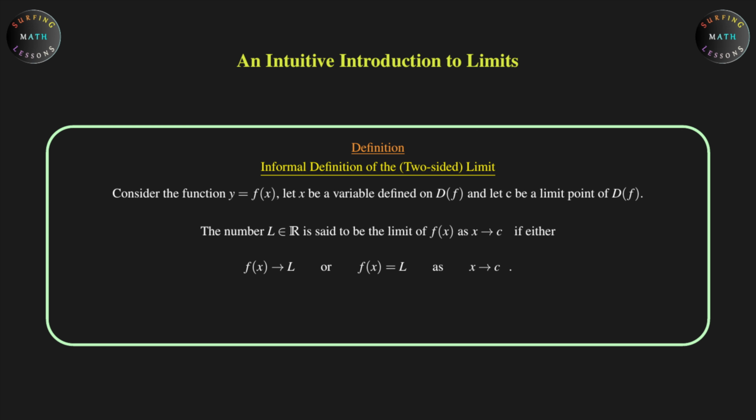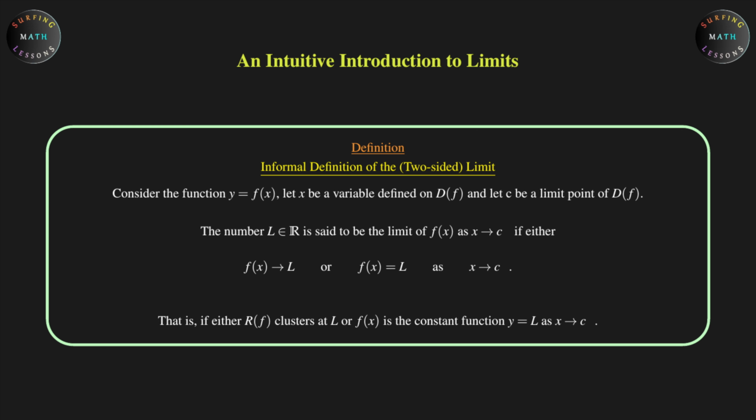either f of x approaches L or f of x is equal to L as x approaches c. That is to say, L is the limit of f of x as x approaches c if either the range set of f clusters at L or f of x is the constant function y is equal to L as x approaches c.